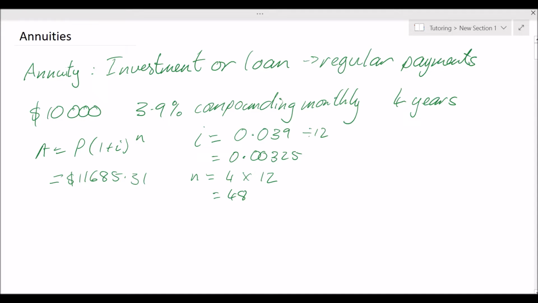Lovely. Now, that's not a very authentic situation. Some people do just have $10,000 lying around and they pop it into a term deposit or something like that. But for most people, when we're saving, we tend to put aside a regular amount of money each month or each week, and save money over time.